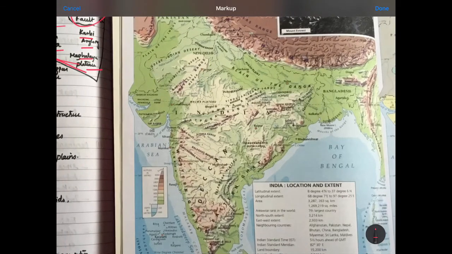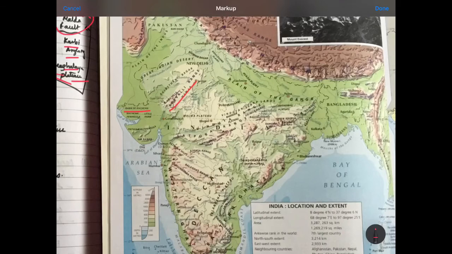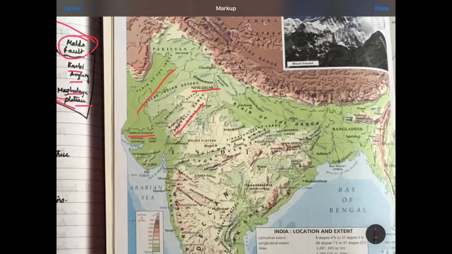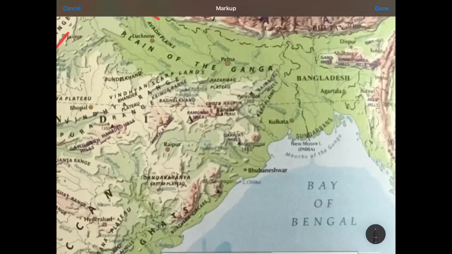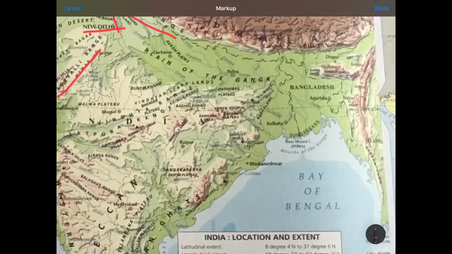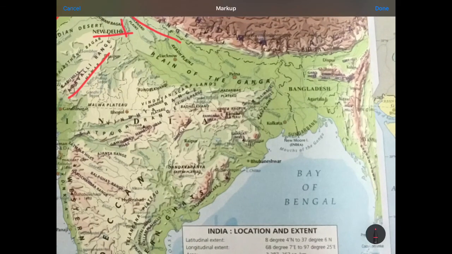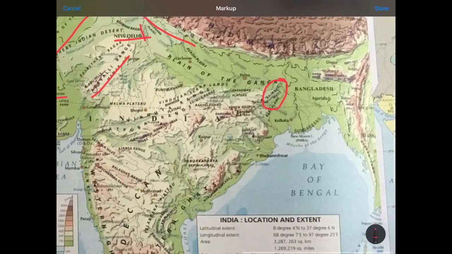It starts from Kutch, okay, and this is the Aravalli range, New Delhi, and certain extensions in Rajasthan also, and from here it is parallel to the Yamuna, and Rajmahal Hills here, and Chota Nagpur Plateau here.